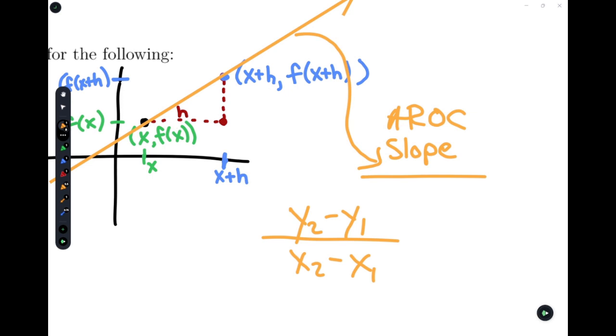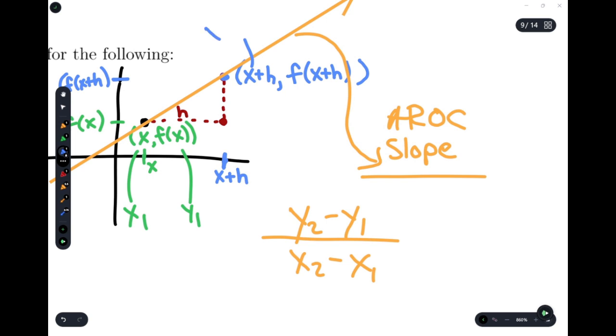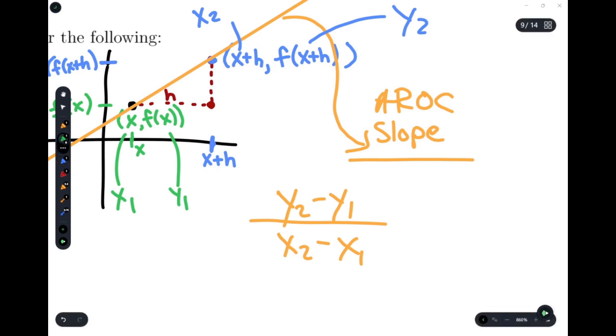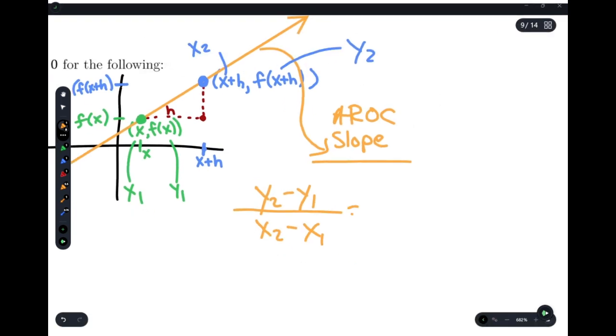All right, now we got to label these green and blue points. Which one's which? So x1, y1, x2, y2. They're just 2 points, right? Technically speaking, we've got ourselves a green point and a blue point separated by h and whatever the difference is there. Which means on the top, we've got ourselves f of x plus h minus, right?